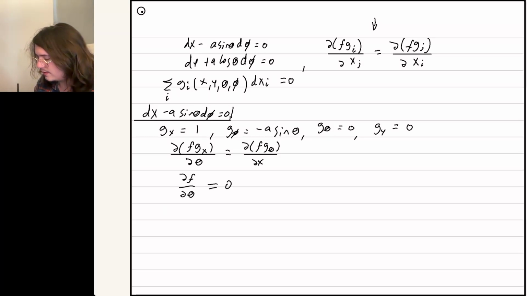Now, let's look at a different one. Let's, for instance, look at del f g phi with respect to theta equal to del f g theta with respect to phi. Okay?